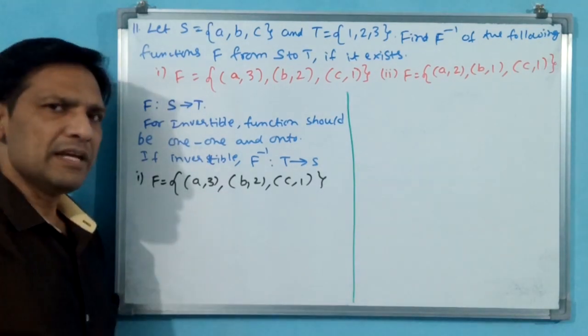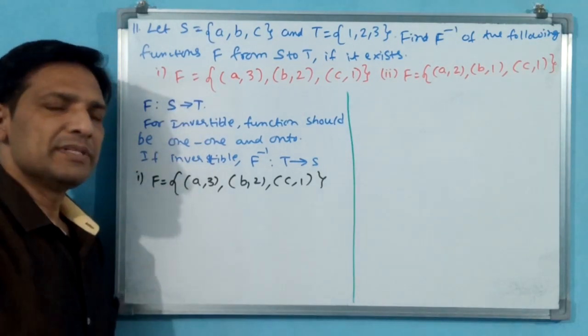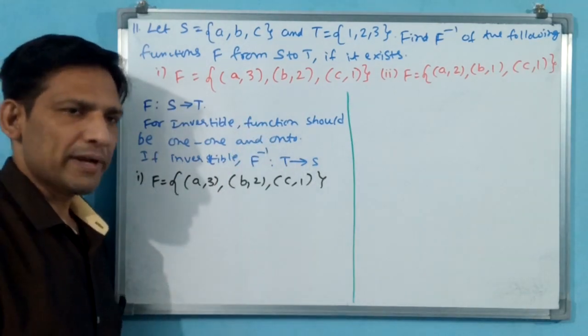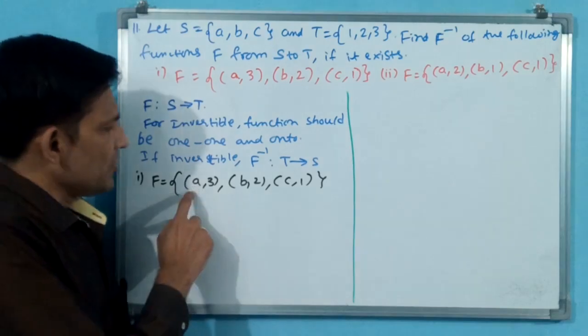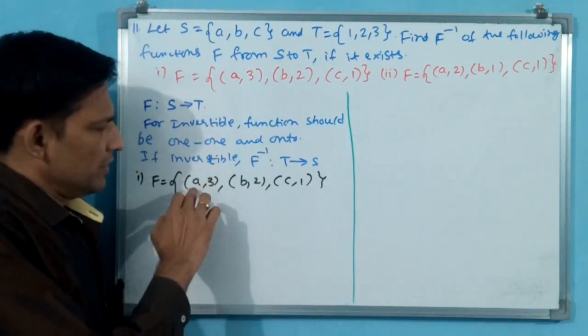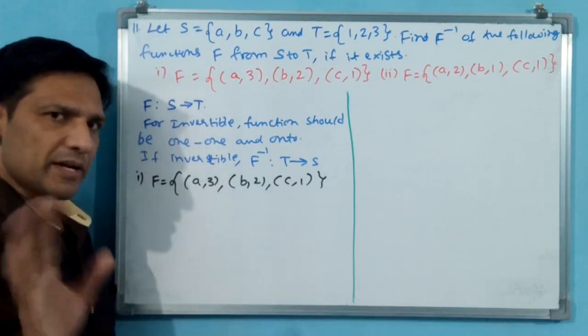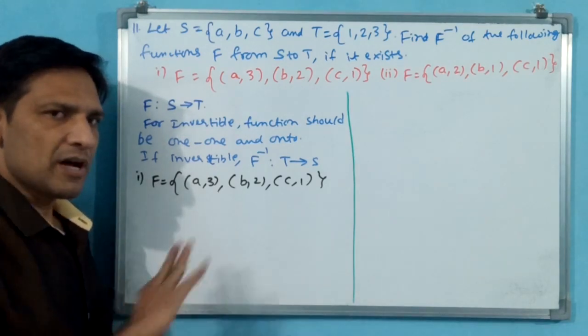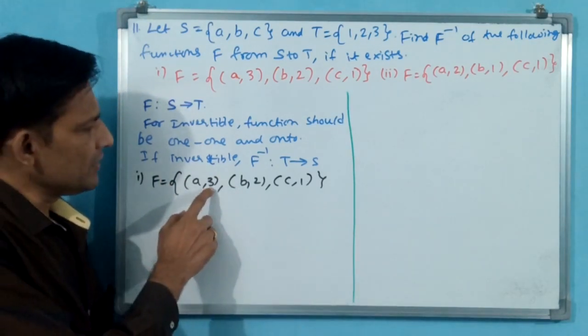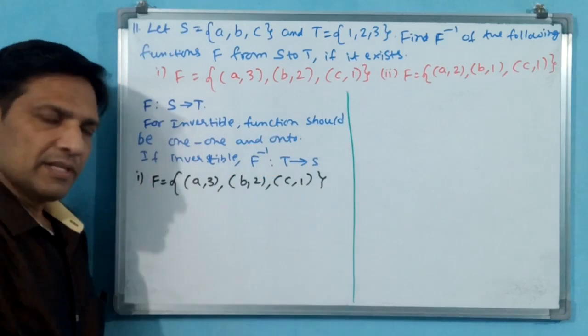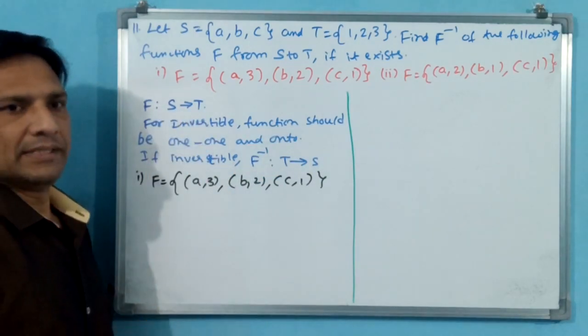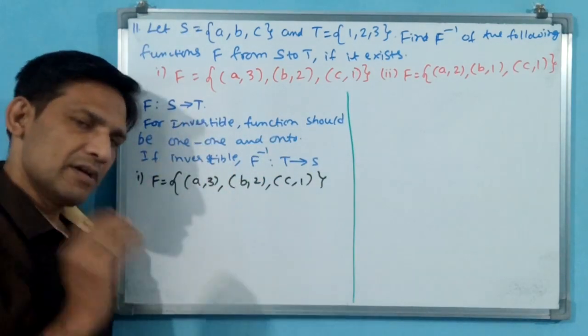There are only 3 elements, 3 elements in the domain and 3 elements in the codomain. Now you see A, B, C: in the x coordinate they have not repeated, that means it is not many-one. Here 3, 2, 1, all are occupied. That means this is 1-1 and onto.